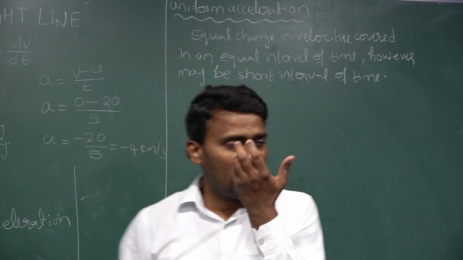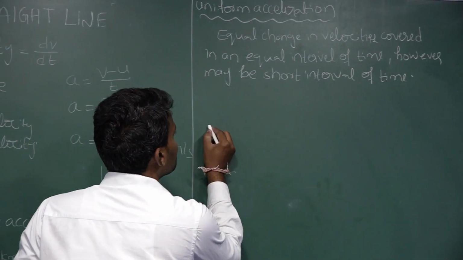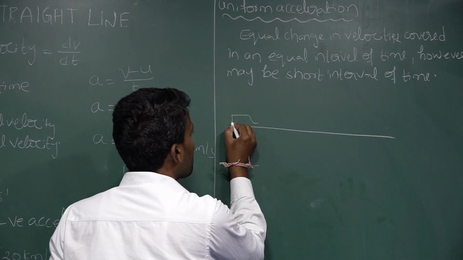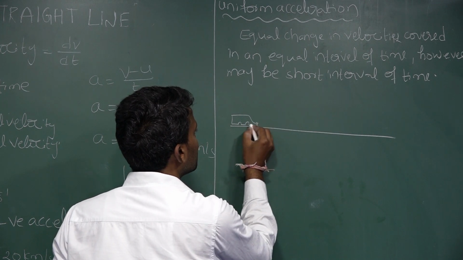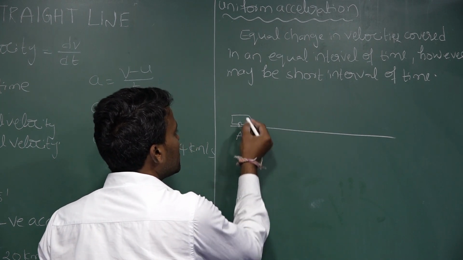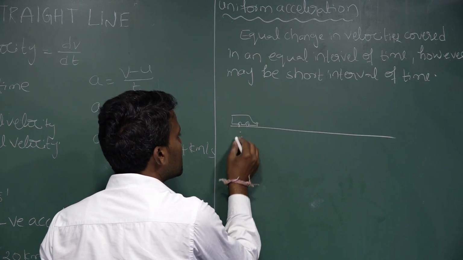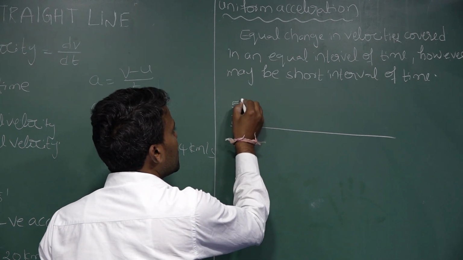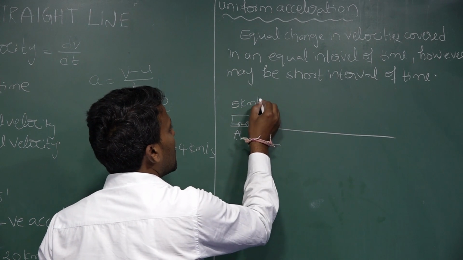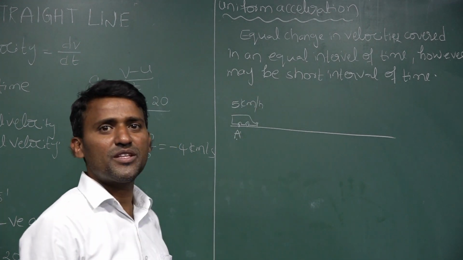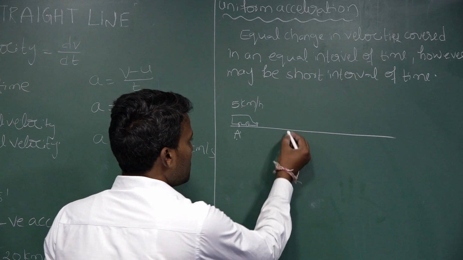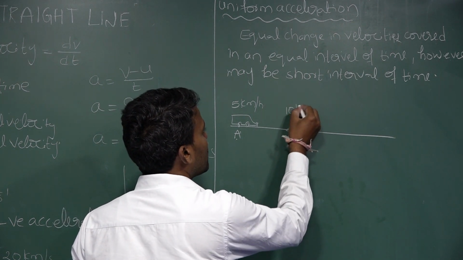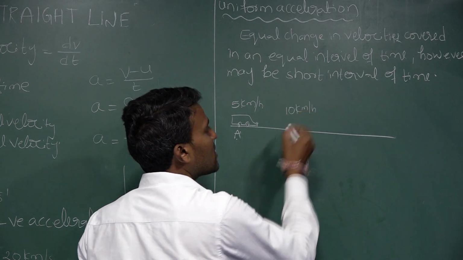For this, I want to give one example here. A vehicle is going from point A to point B. This is point A. It started with a velocity of 5 km per hour, and when it reaches point B, it attains a velocity of 10 km per hour.